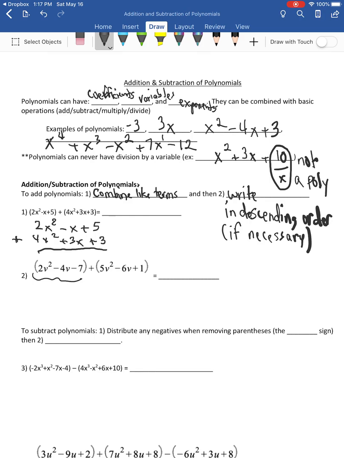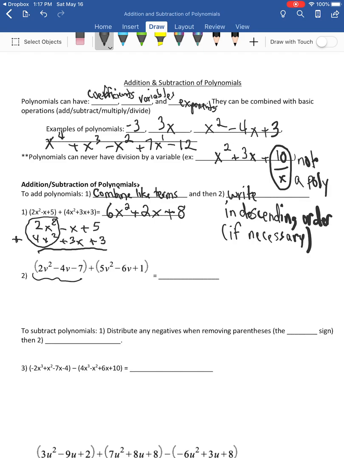So 4x squared and 2x squared over here. We're going to keep that x squared. Just combine the coefficients. That makes 6x squared. Negative x plus 3x, positive 2x. Positive 5 and positive 3 makes positive 8. And this is already in descending order because it goes exponent of 2, exponent of 1, constant.